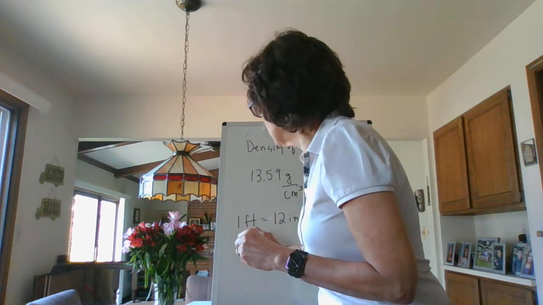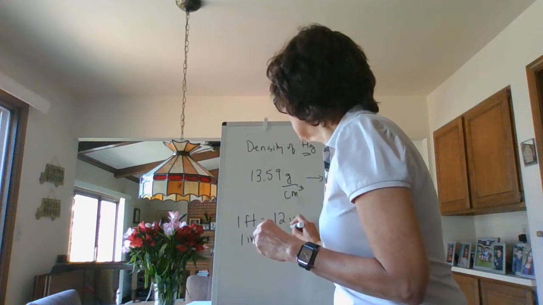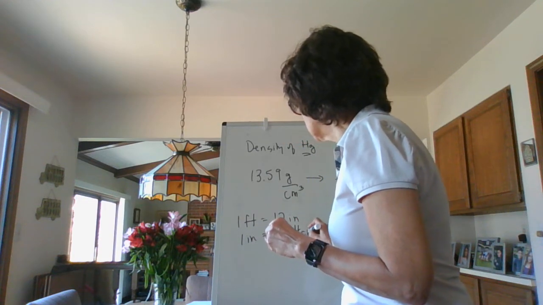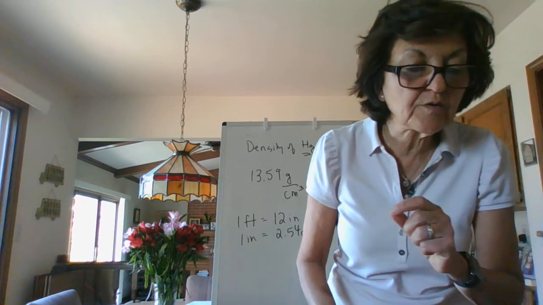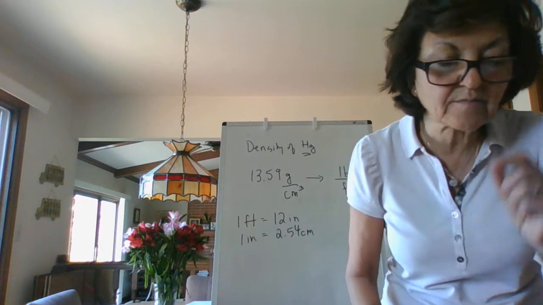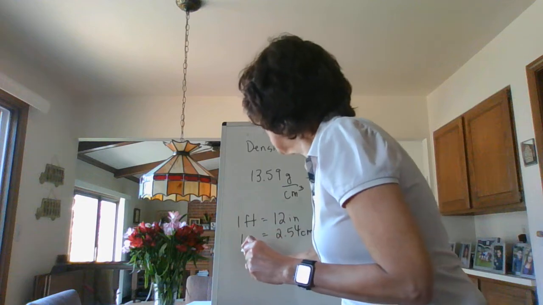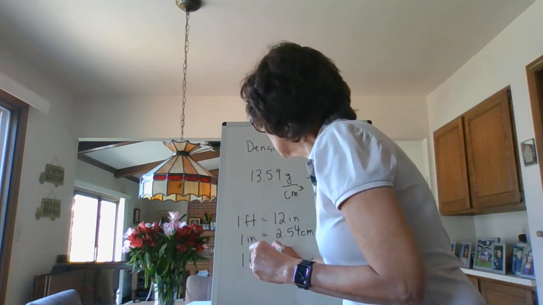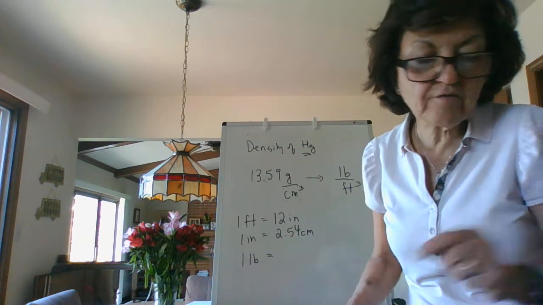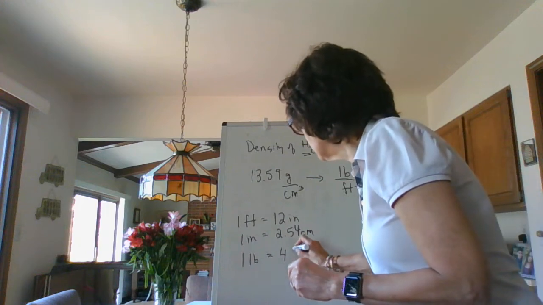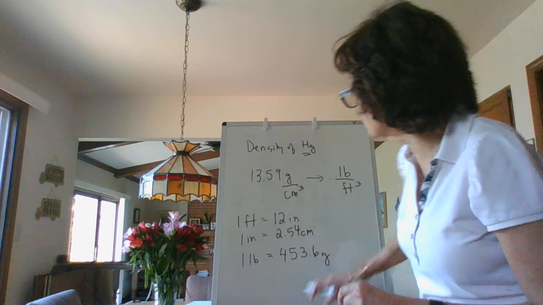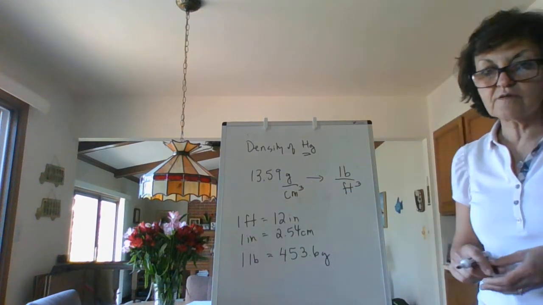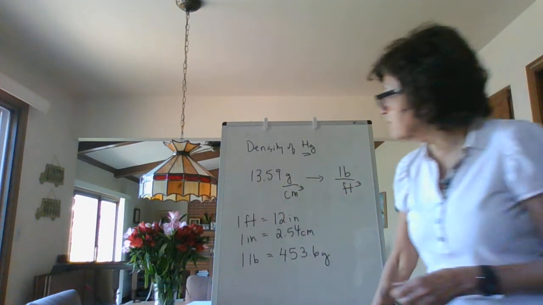I know that 1 inch is 2.54 centimeters. Those things you should know. The relationship between pounds and grams, I'll give that to you. 1 pound is equal to 453.6 grams. So these are conversion factors I'm going to use. Have these in your notes.